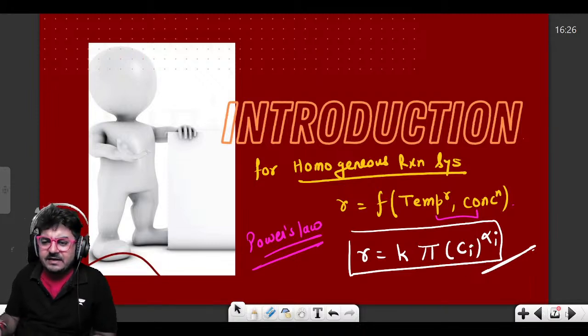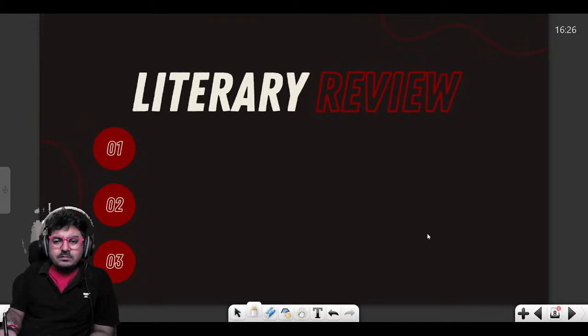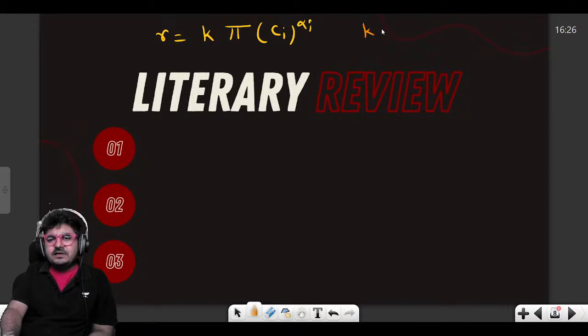ठीक है, अब इसका मीनिंग क्या है, ये समझते हैं। So here, as per the power law, we have R equal to K product summation Ci power alpha. You should know that here K is the reaction rate constant, which is a temperature dependent term.